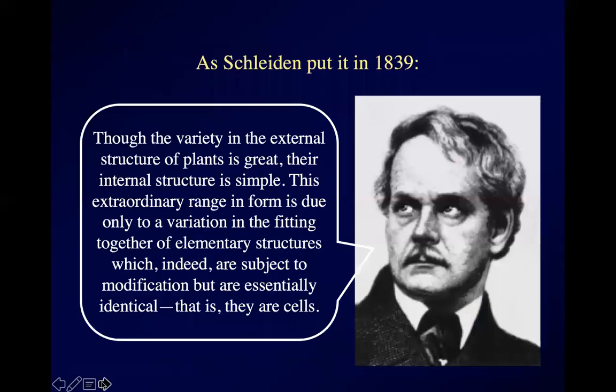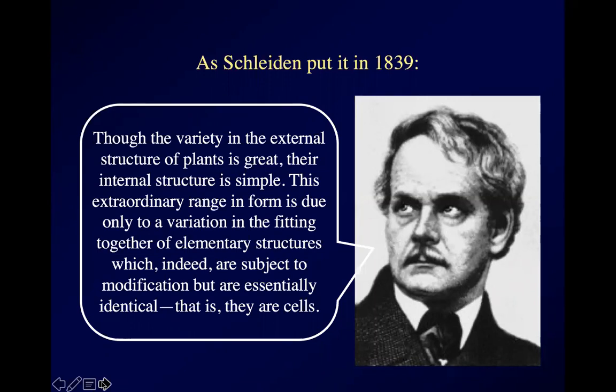And as Schleiden put it, looking at plants, although the variety in the external structure of plants is great, their internal structure is simple. This extraordinary range in form is due only to a variation in the fitting together of elementary structures, which indeed are subject to modification, but are essentially identical.